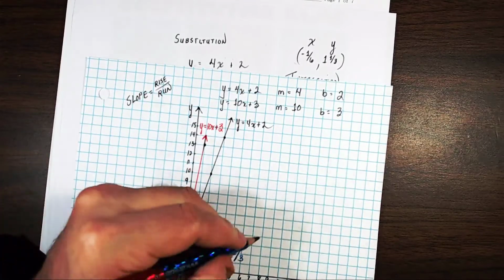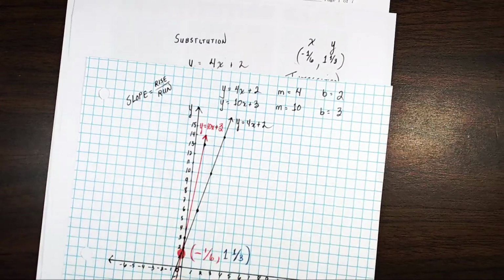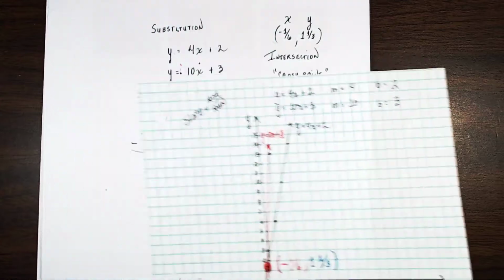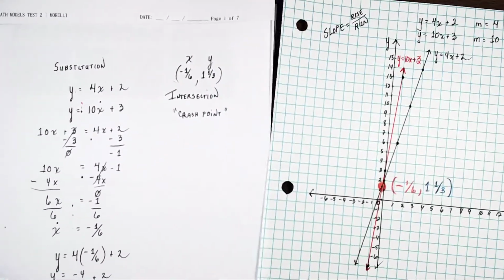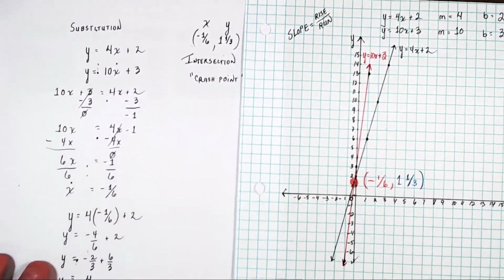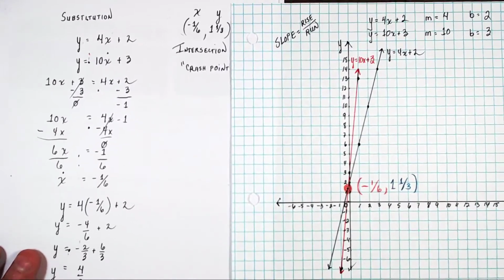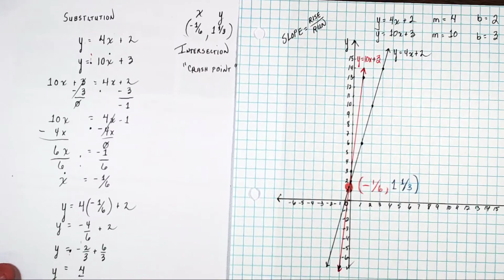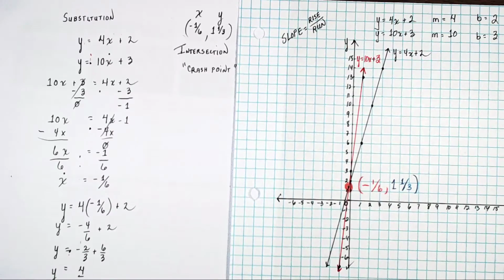Okay, so that's your x and your y. That's the intersection point. And this is what you'll produce each time you do one of these problems in your game. But this is what's going on in the background.